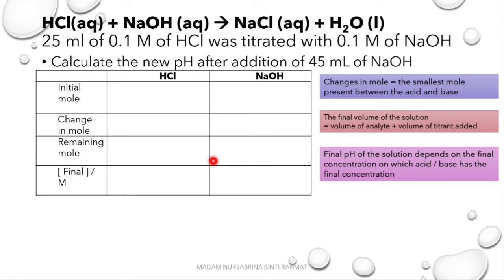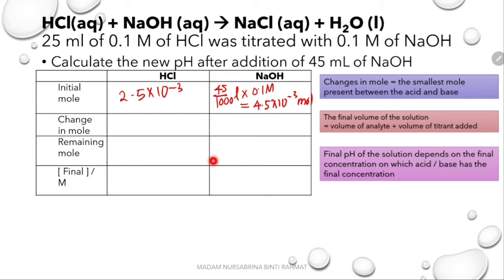The acid is a fixed volume, 25 milliliters, so you will have initial moles of 2.5 times 10 to the power of negative 3 mole. My NaOH is 45 milliliters converted into liters, times 0.1 molar, so you will get 4.5 times 10 to the power of negative 3 mole.